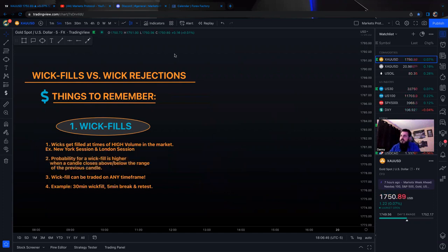And the second last point I want to mention here is that a wick fill can be traded on any time frame. Remember that. You could be trading a wick fill on, let's say, a 5-minute, 15-minute, or 30-minute time frame.